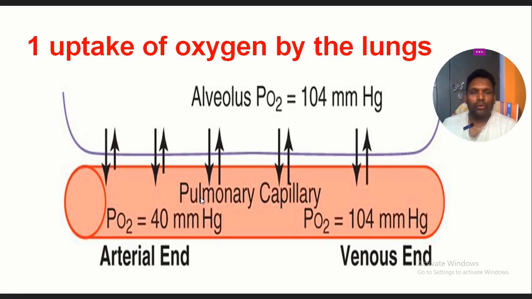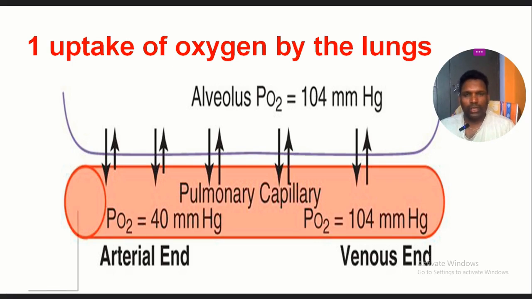Finally, the very important thing is that the uptake of oxygen by the lungs depends purely upon the partial pressure gradient, causing movement of oxygen from the environment to the alveoli, from the alveoli to the pulmonary capillary, and from there to other parts of the body.